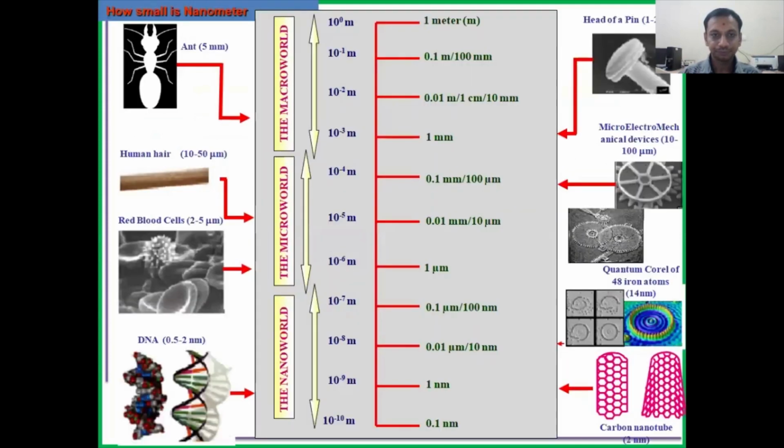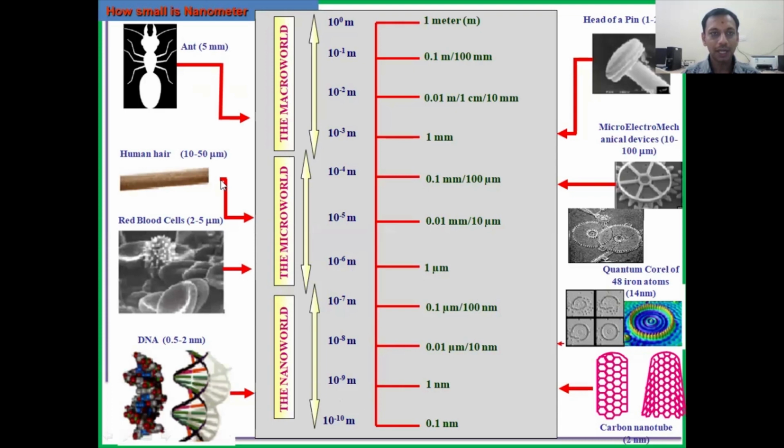Here there is a comparison from macro world to nano world. Macro world, micro world, and then nano world. You get 1 meter size in the macro world, a very big dimension in comparison with the nanometer. Then comes the micron, that is 1 micrometer, 10 raised to minus 6, and at least 1 nanometer, 10 raised to minus 9 meter.